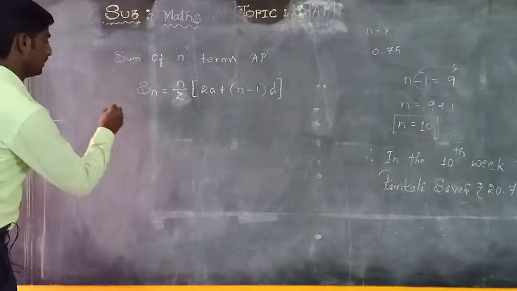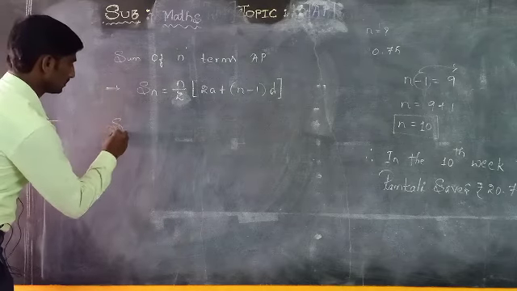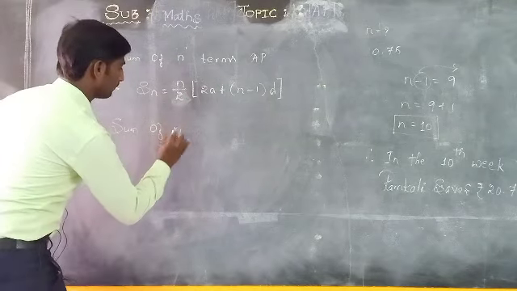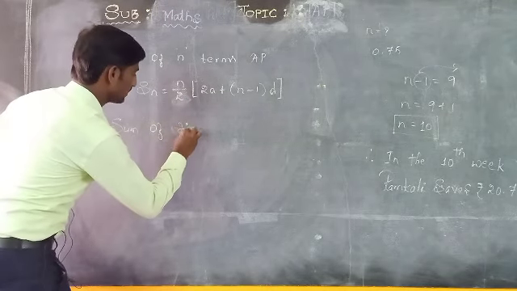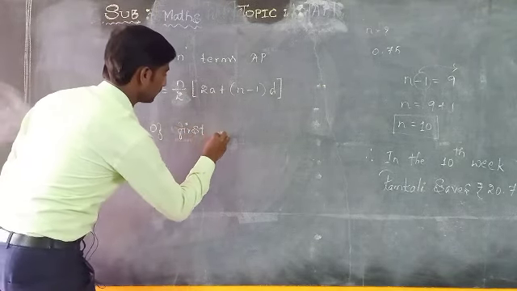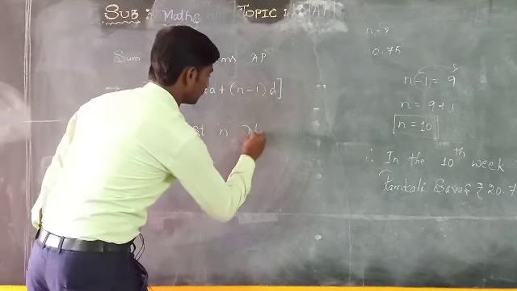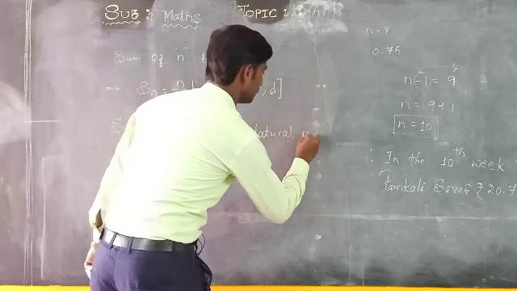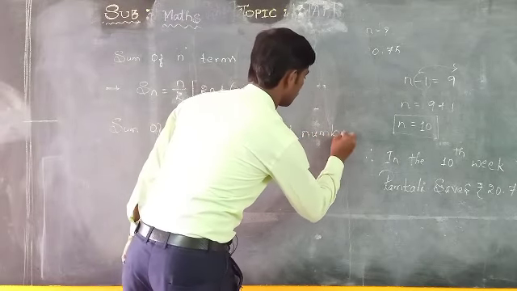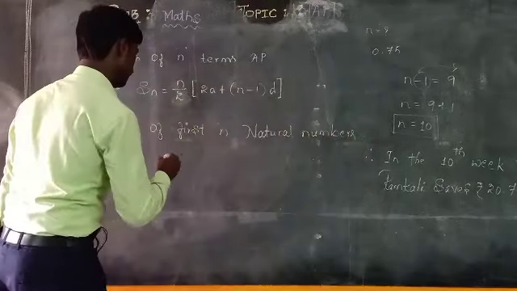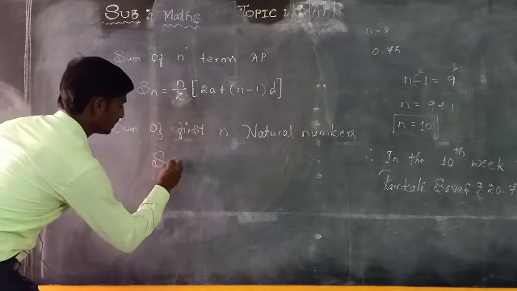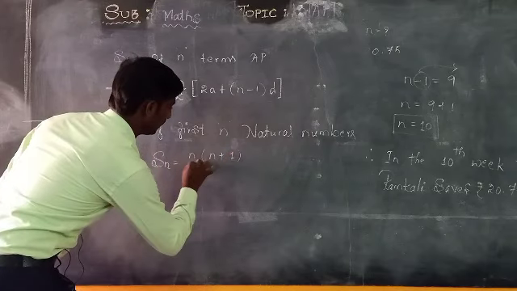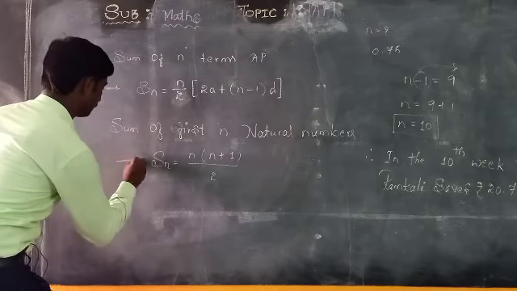Again, sum of the first n natural numbers: Sn is equals to n of n plus 1 divided by 2.